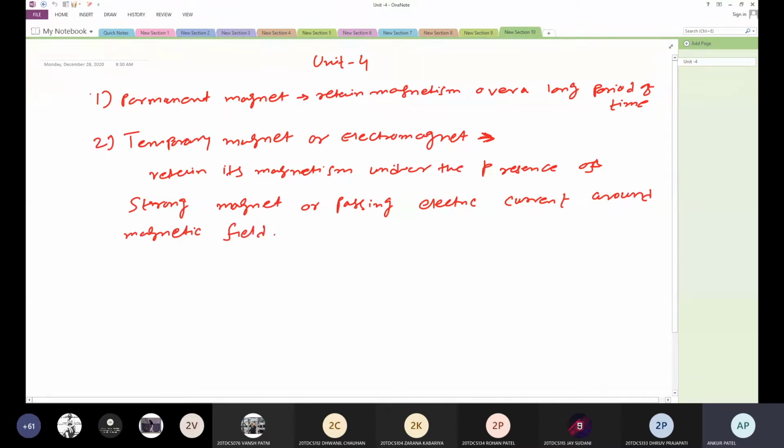So to retain magnetism, a temporary magnet or electromagnet needs a strong magnet or electrical current passing through the magnetic field. An electromagnet can have stronger magnetism than a permanent magnet, but a permanent magnet is advantageous as it retains magnetism over a long period of time compared to a temporary magnet or electromagnet.